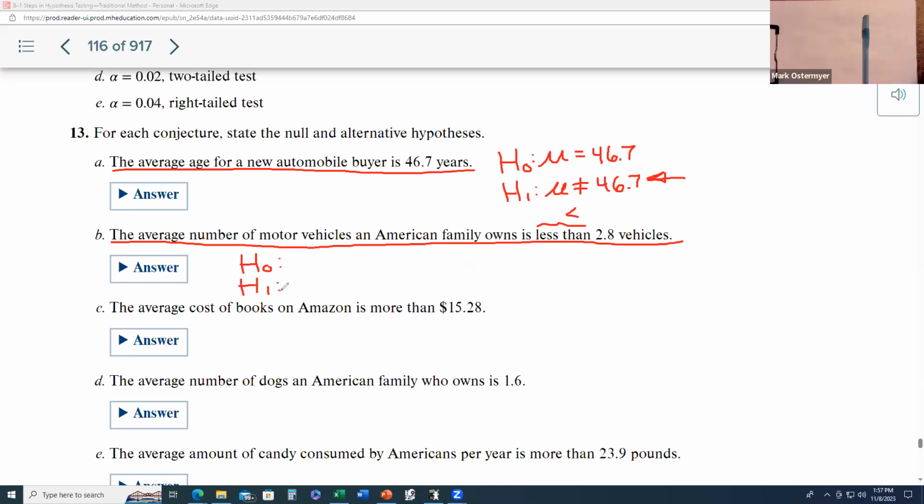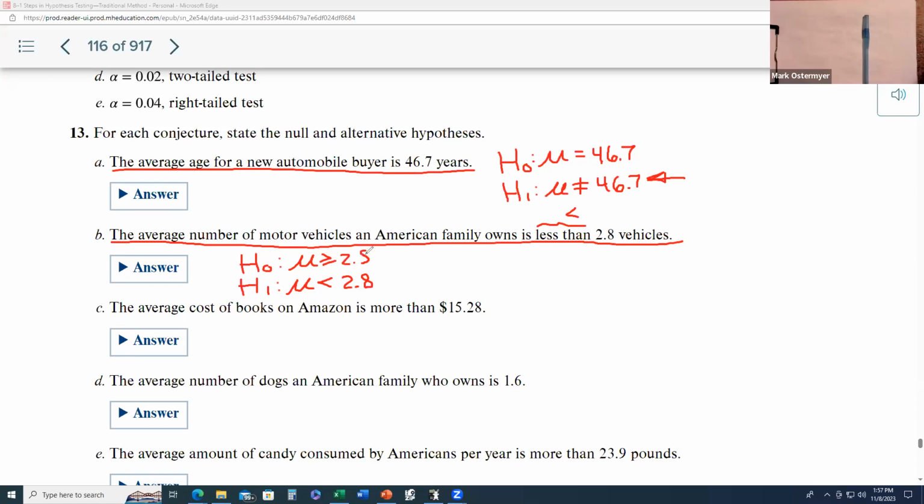So therefore, you now know your alternative hypothesis statement has to be saying mu, in other words, the average number of vehicles of everybody in the population that they own would be less than 2.8 vehicles. Now, by default, my null hypothesis has to be the complementary statement, which would say mu is what? Well, technically, we would say mu is greater than or equal to 2.8.